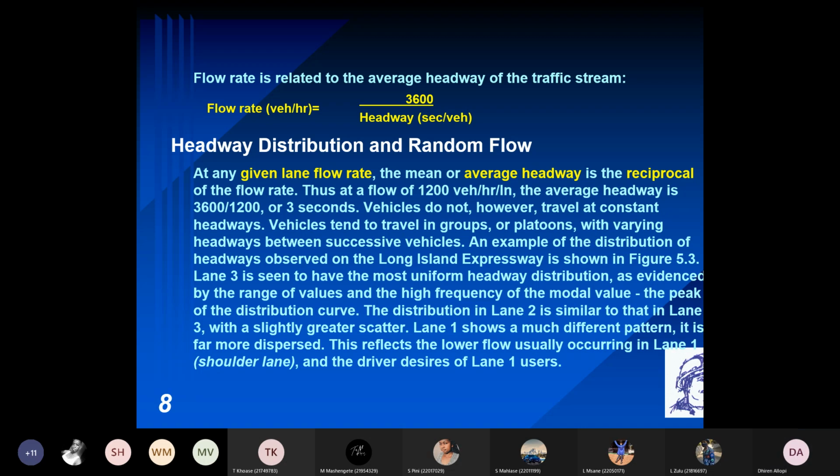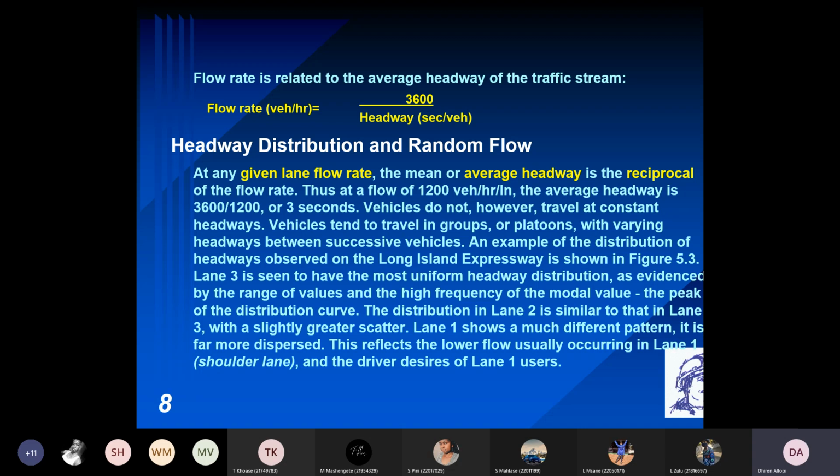As mentioned in the first few lines, given the flow rate, the average headway is the reciprocal of the flow rate. A little example is also given there. If you had a flow of 1200 vehicles per hour, then the average headway is 3600 over 1200, because your headway is given in seconds per vehicle.